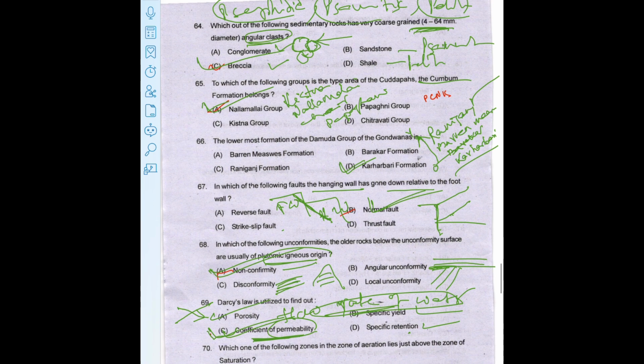Which one of the following zones in the zone of aeration lies just above the zone of saturation? We have two zones: one is the zone of aeration, the other is the zone of saturation. Saturation takes place below the water table. Just above the zone of saturation, we have pore spaces which act like capillary tubes.